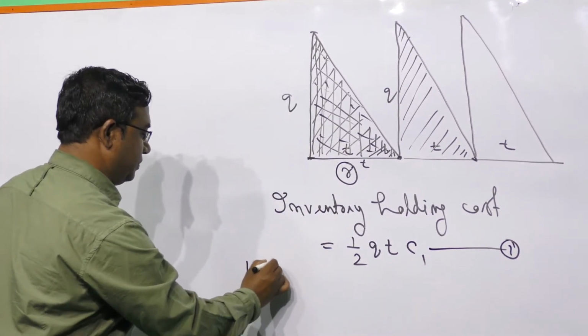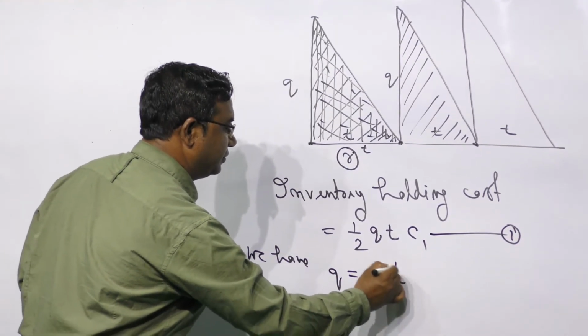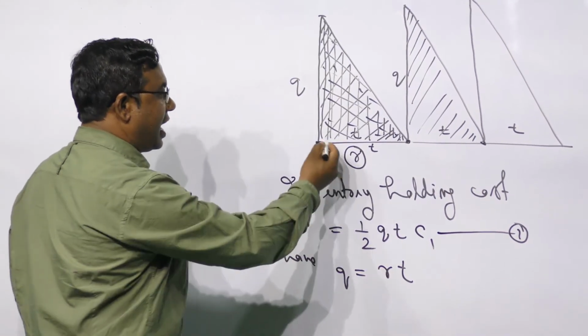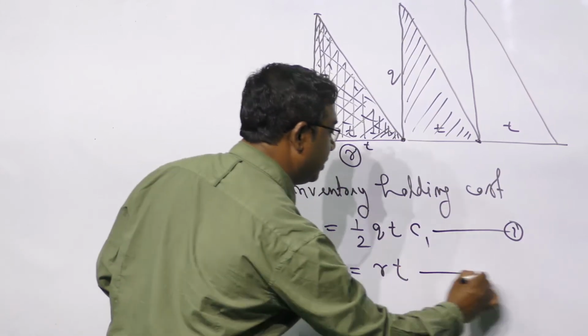We have Q is RT. Q is the stock level, R is the demand rate, T is the time of its run. So Q equal to RT.